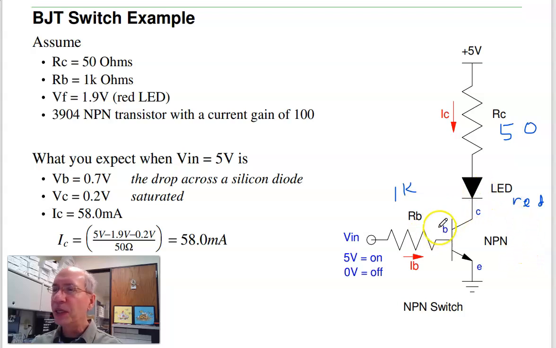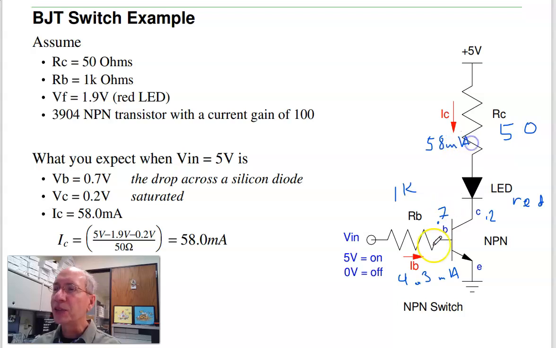Well, VB is 0.7. Assuming this is saturated, that's 0.2. IB then is 5 minus 0.7 over 1K, 4.3 milliamps. IC is 5 minus 1.9 minus 0.2. This is 58 milliamps.